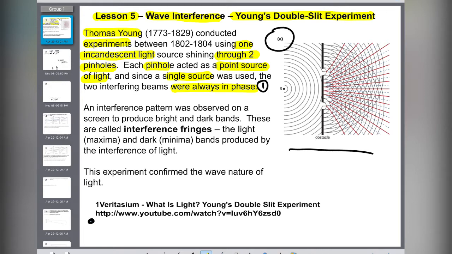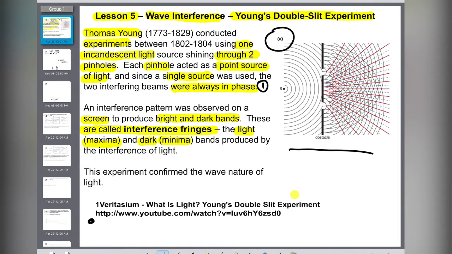The interference pattern was observed on a screen as bright and dark bands. These are called the interference fringes. The bright light we call the maxima, and the dark lines we call the minima, produced by the interference of light.